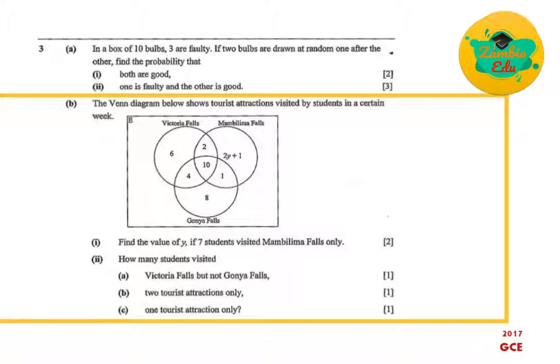There is the Venn diagram. We have the Victoria Falls, Mabilima Falls, and Gonia Falls. Question 3b, part 1. Find the value of y if 7 students visited Mabilima Falls only.